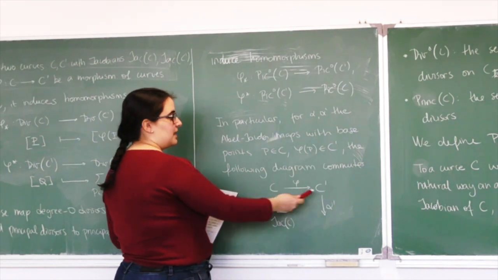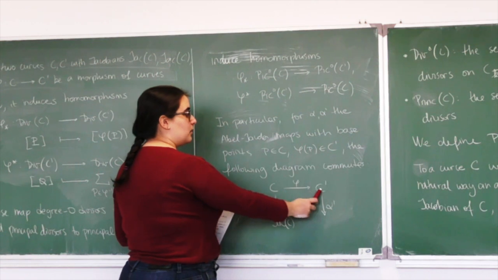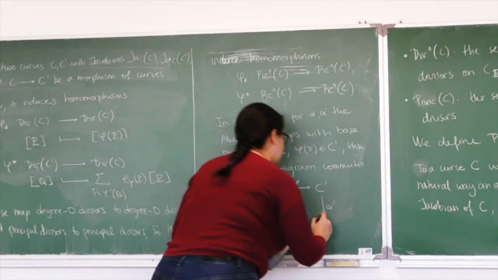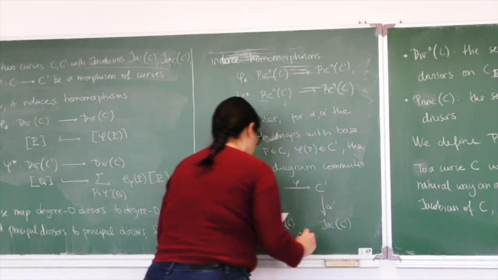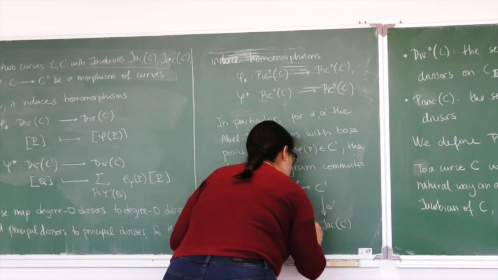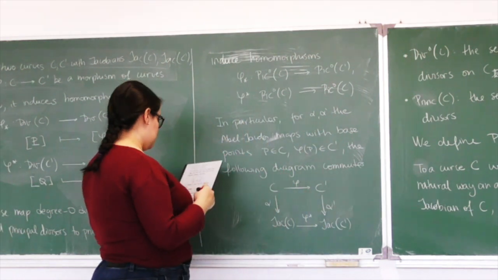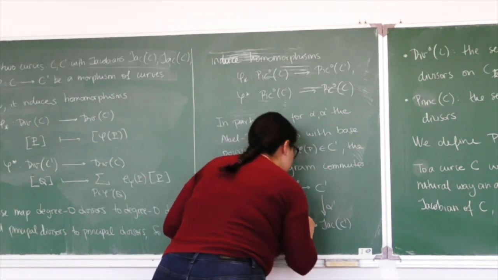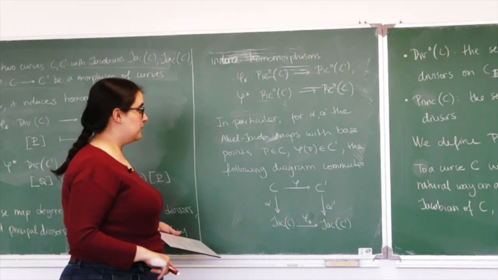We do that by taking the base point on the second curve to be the image by the morphism of the base point of the first curve, and then here we have that this is phi lower star, as we have defined it before.